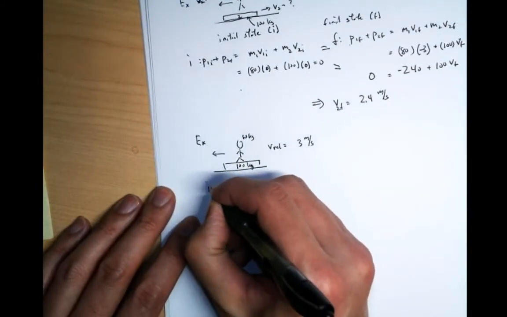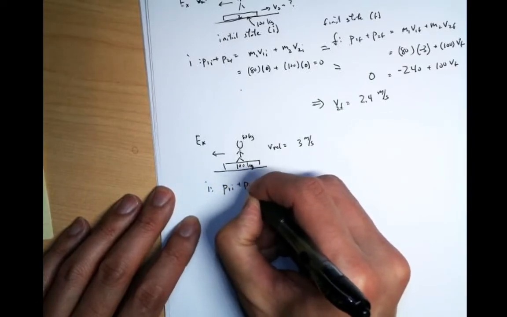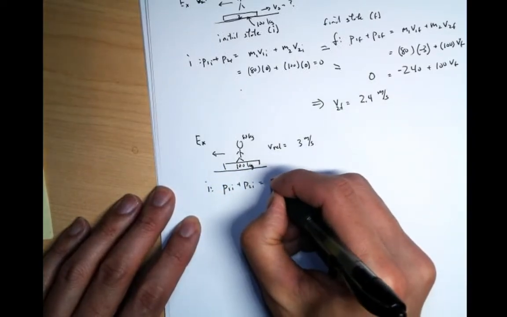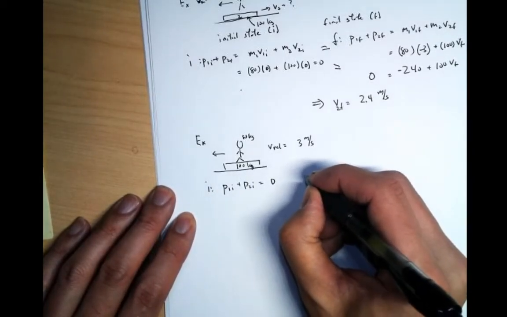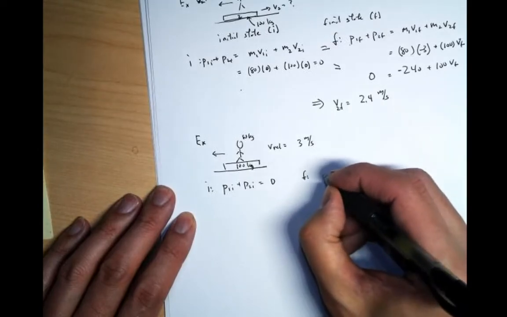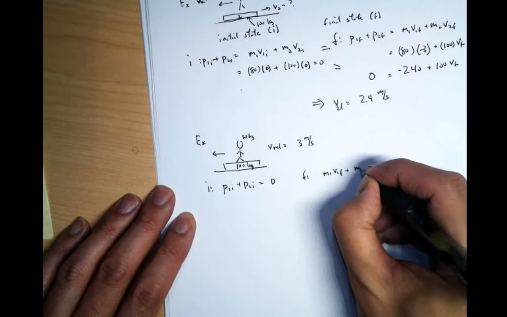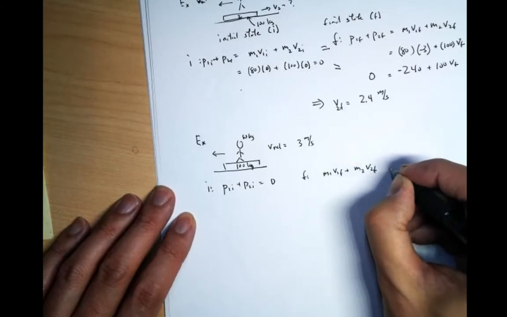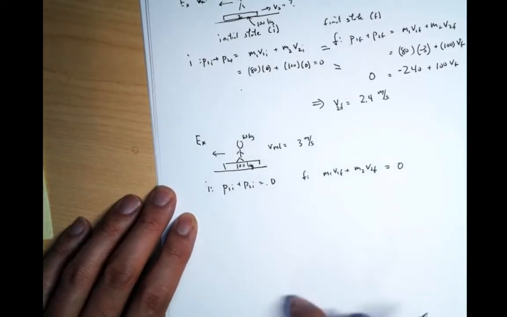So the initial state is basically the same as p1i plus p2i. Both velocities were 0, so we know that it has to be 0. The final state is m1v1f plus m2v2f. That is going to be equal to the initial momentum, which is 0.